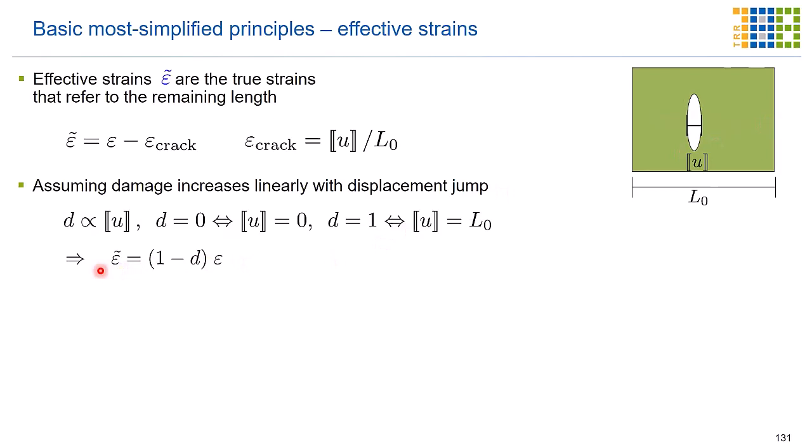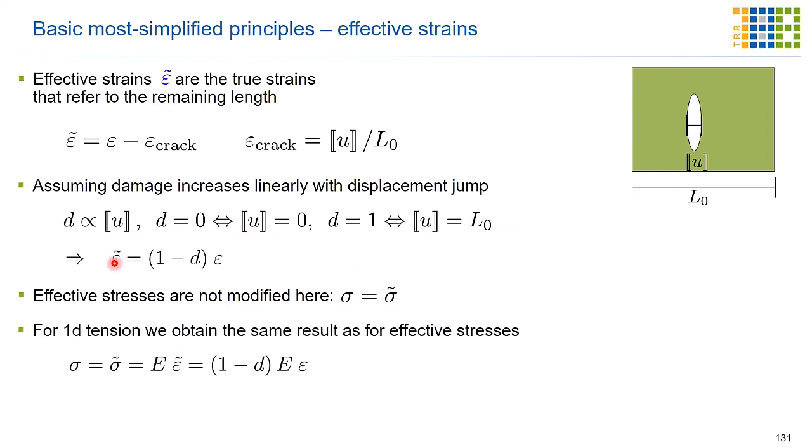So the strains could again be described in this approximation as 1 minus d times epsilon tilde, the effective strains. The effective stresses here are not modified, because we assume that we can relate the effective stresses directly to the effective strains.